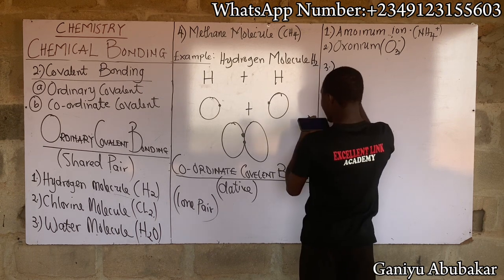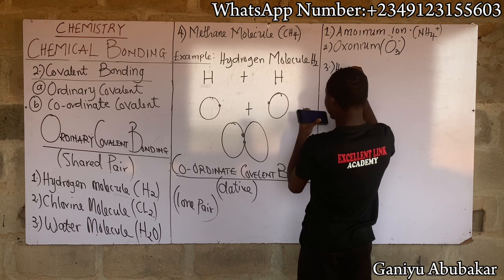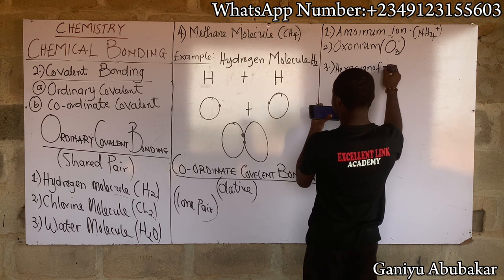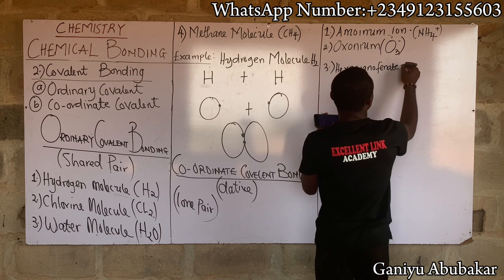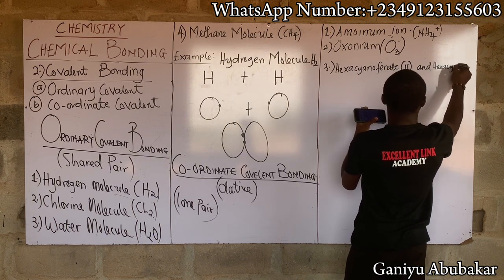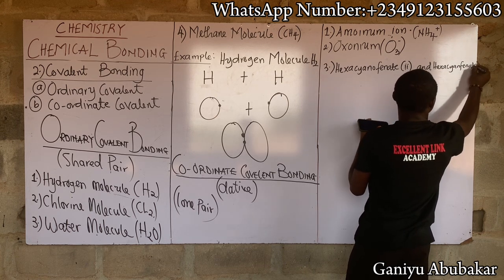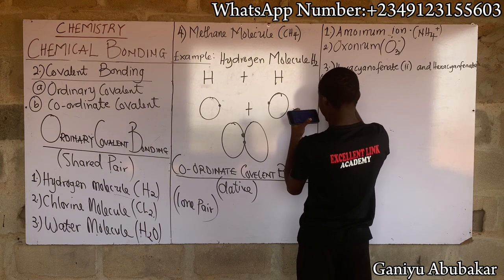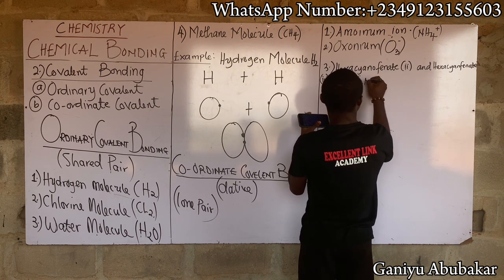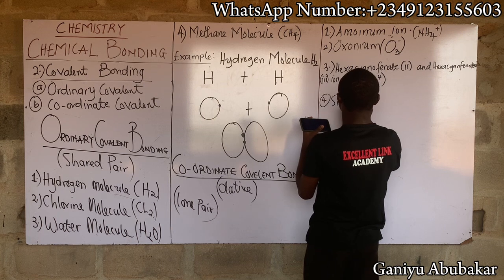Number three, hexacyanoferrate(II) and hexacyanoferrate(III) ions, that's Fe(CN)6 to the 4 minus. Number four, I have silver, right?